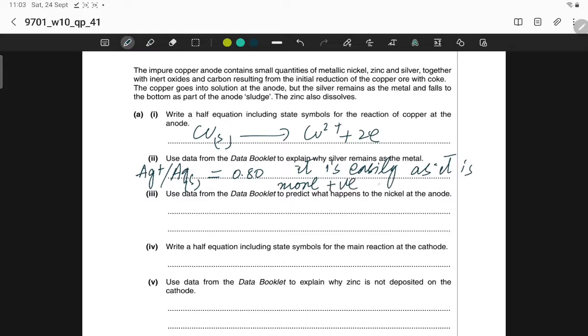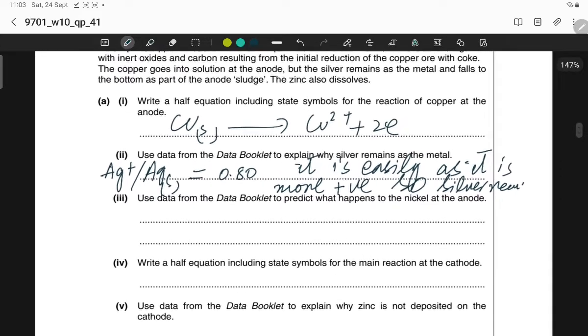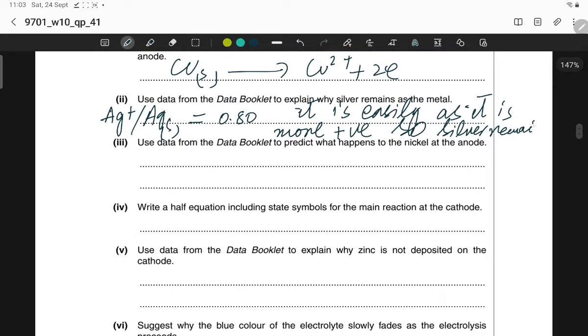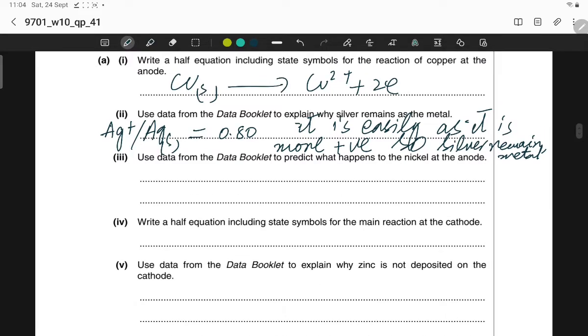Silver remains as the metal. It is more positive, or copper is less positive, so that's why copper solid dissolves in the solution and silver does not.